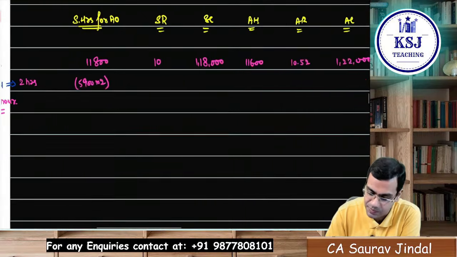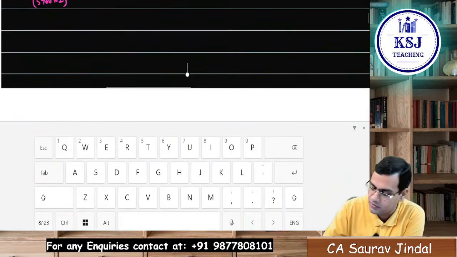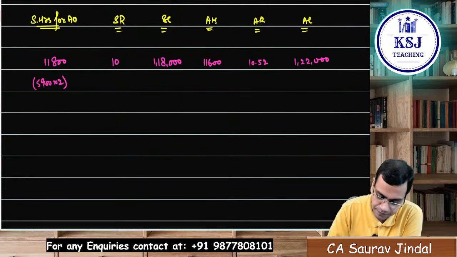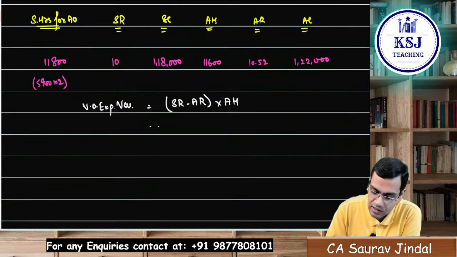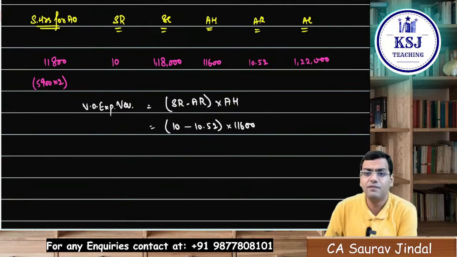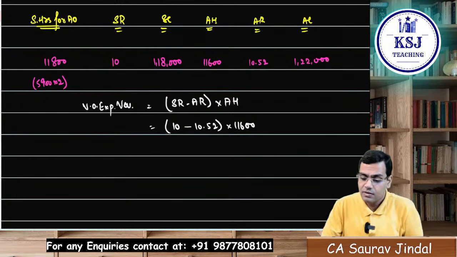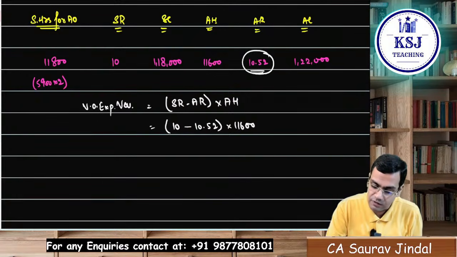Variable overhead expenditure variance will be standard rate minus actual rate into actual hours. Now, if you take 10 minus 10.52 into 11,600, your answer will vary a little bit. Why? Because of the rounding off.